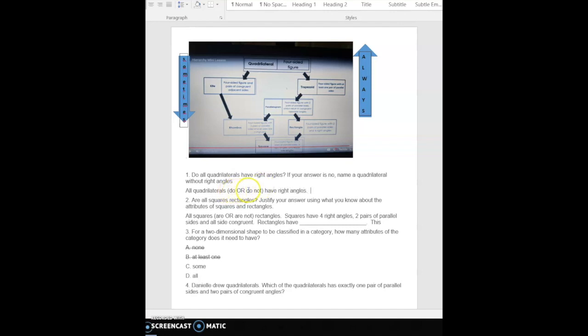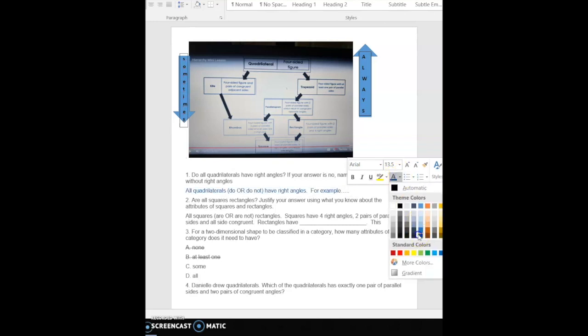So you're going to choose one of these, and then if your answer is do not, you're going to say for example, and you're going to list the quadrilaterals that do not have right angles. You're just going to use your chart above and look at the attributes.